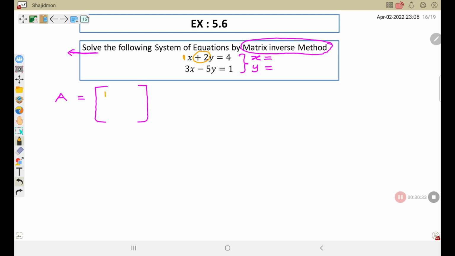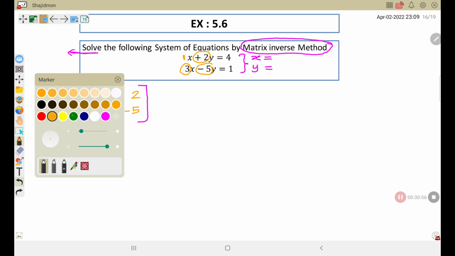Same like second equation, x behind number is 3, y behind number is minus 5, including that minus sign also, so minus 5.